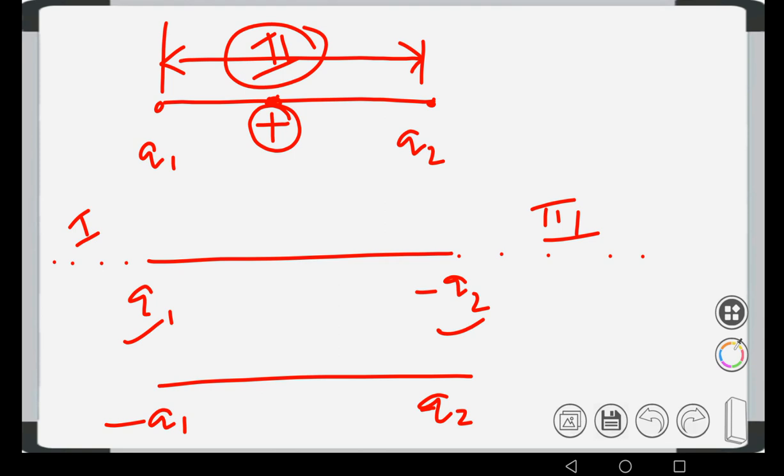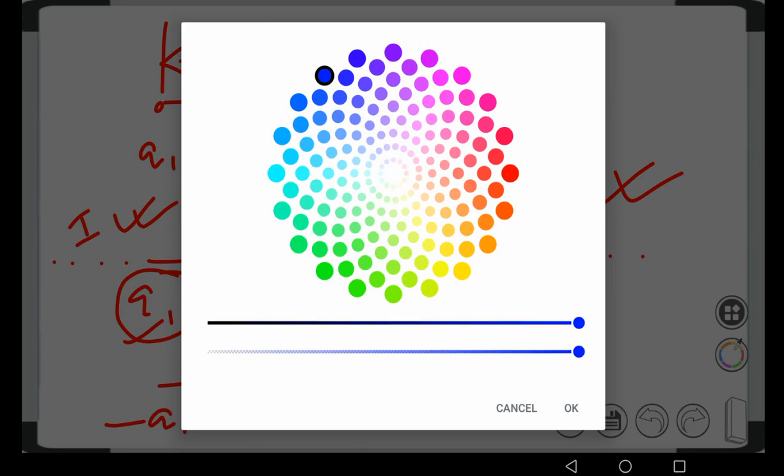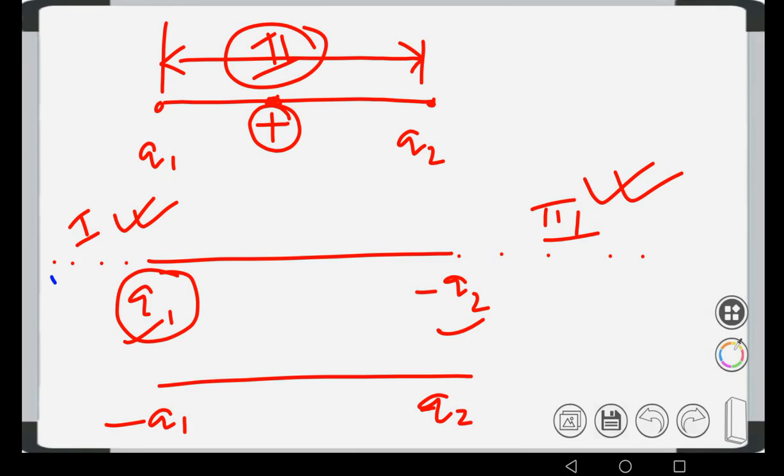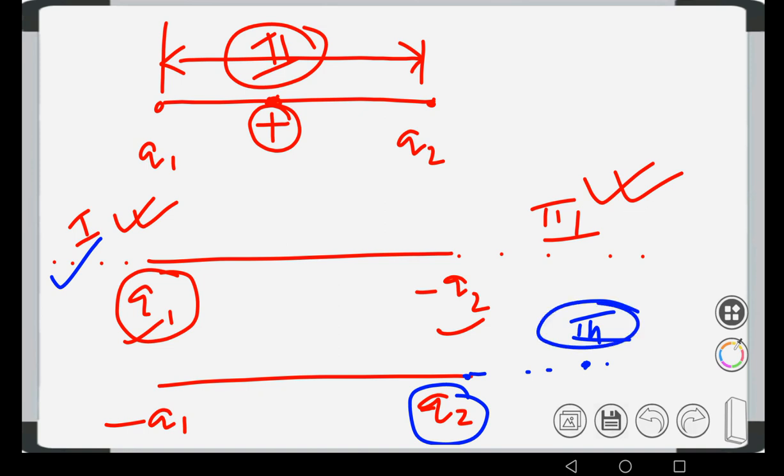Which part it lies in is decided by which charge has lower magnitude. If Q1 has lower magnitude, then we will have our equilibrium point in region 1. But if Q2 has lower magnitude, then we will have our equilibrium point in region 3. This is how we decide, and we can find the answers to these types of questions very easily.